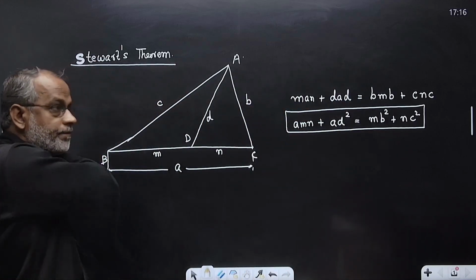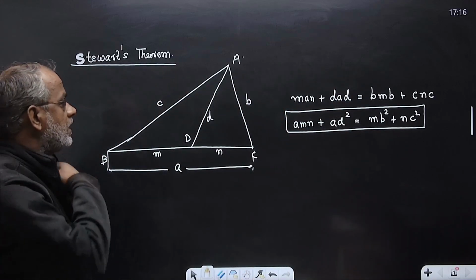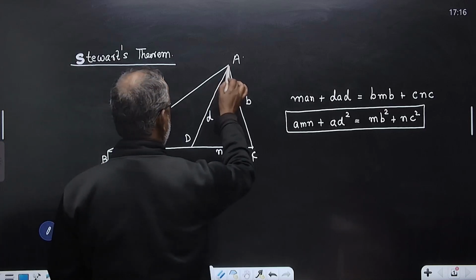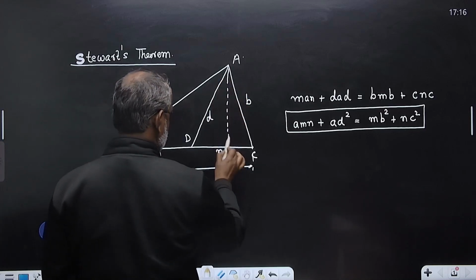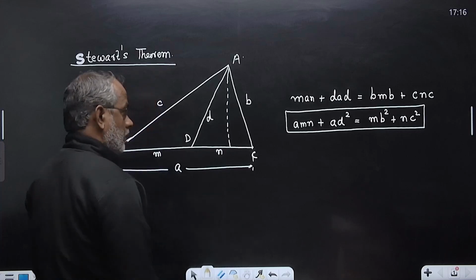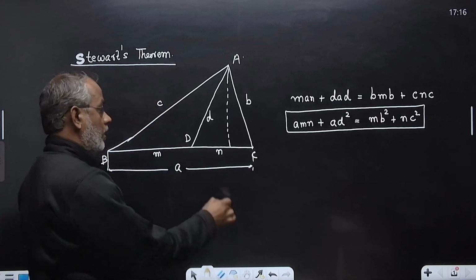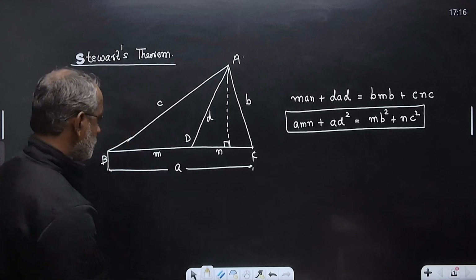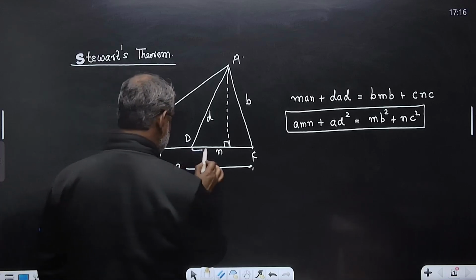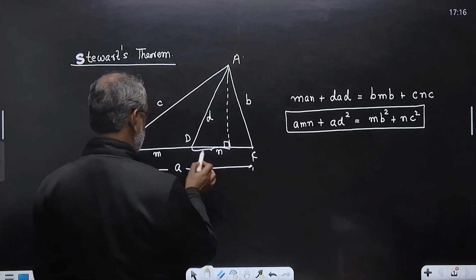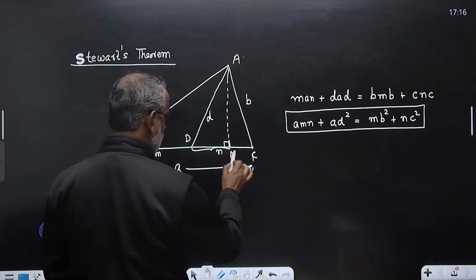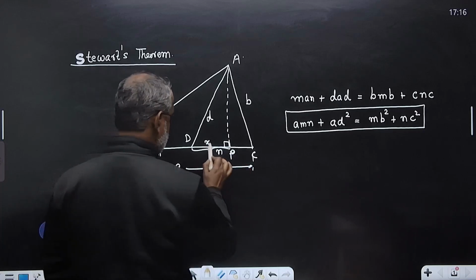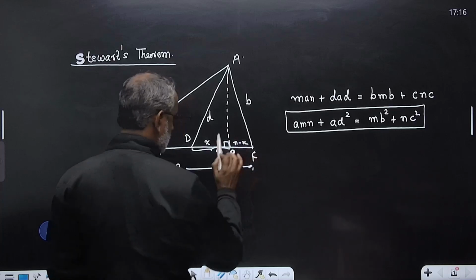Okay. These theorems indicate that we will be using Pythagoras theorem to prove it. How do we prove it? We draw an altitude from A. Let the foot be P, and suppose this length is x, so this would be N minus x.